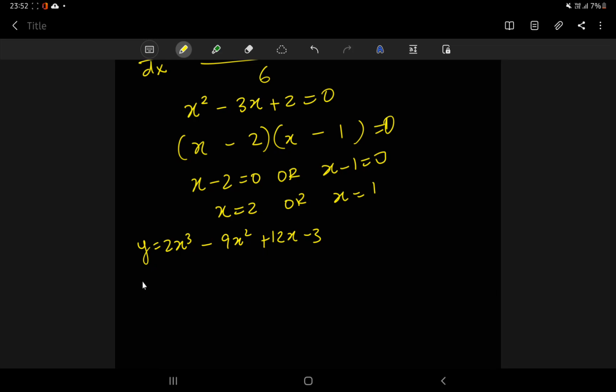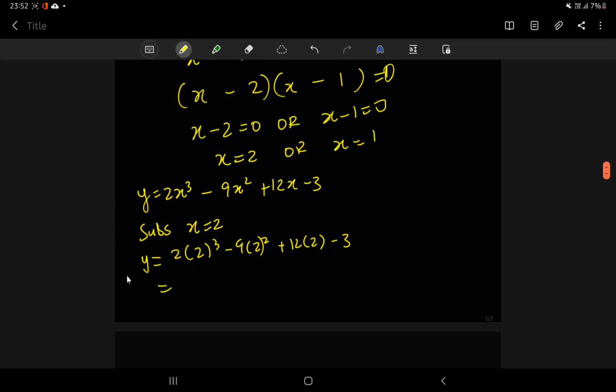So we just substitute x equals 2 into the equation. So y equals 2 cubed, minus 9 times 2 squared, plus 12 times 2, minus 3. Just press your calculator, you don't have to be worried. So I got 1 here.